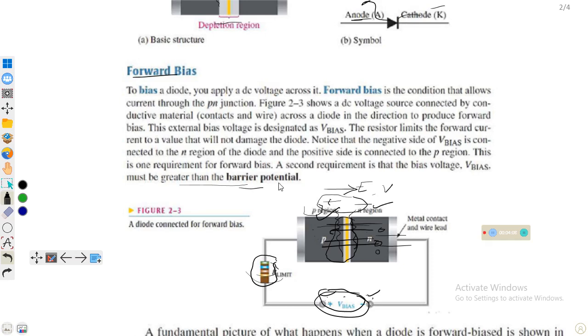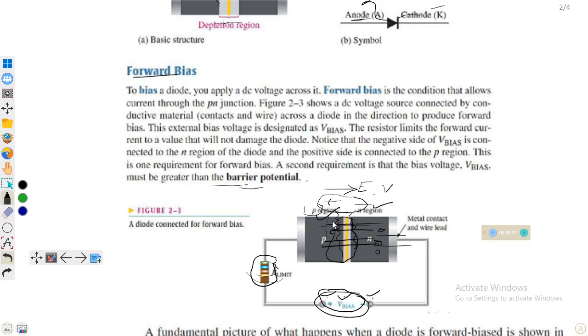The barrier potential is just like a hurdle which does not permit electrons to go from the n region to the p region. This is known as the barrier potential, and it exists because of the hills of positive and negative charge.